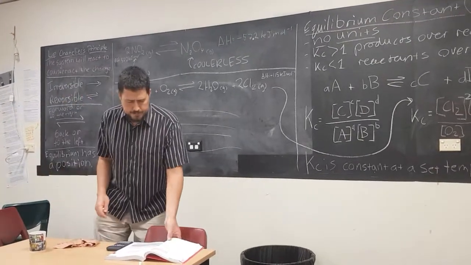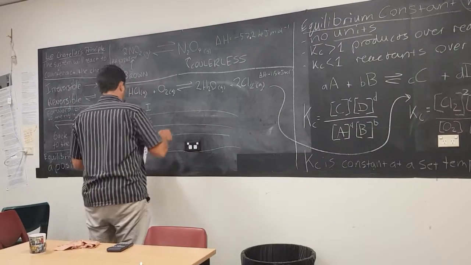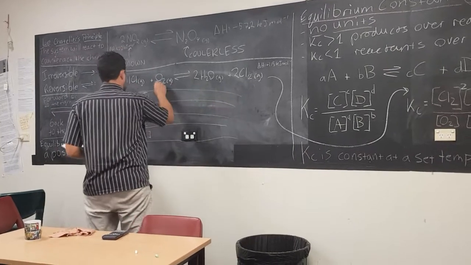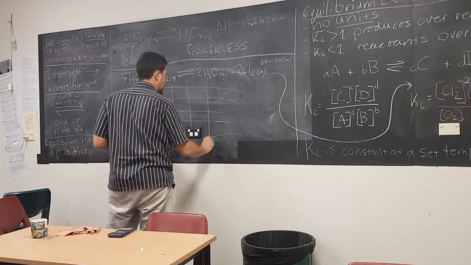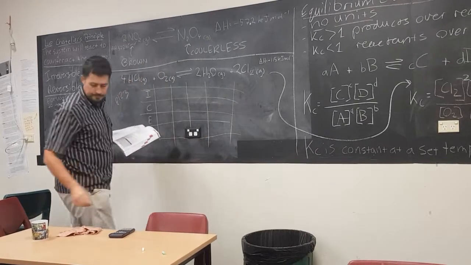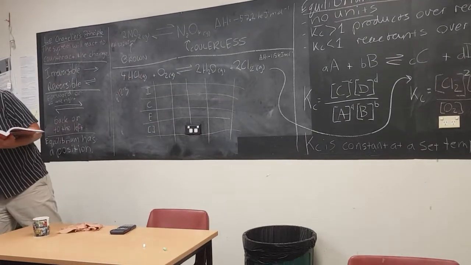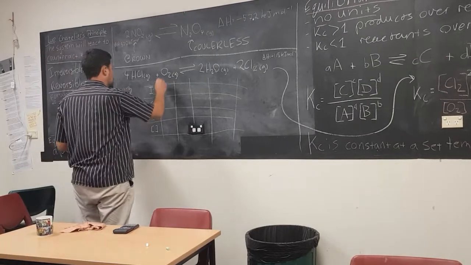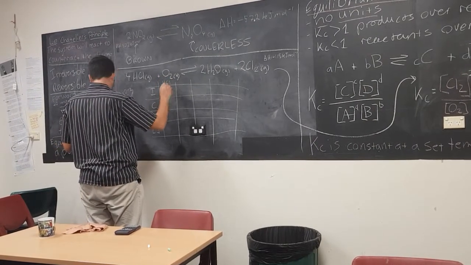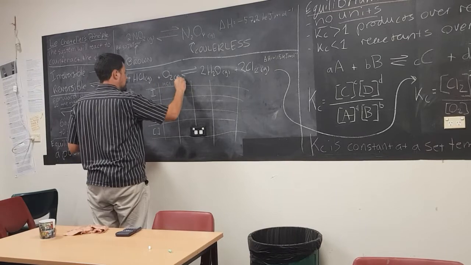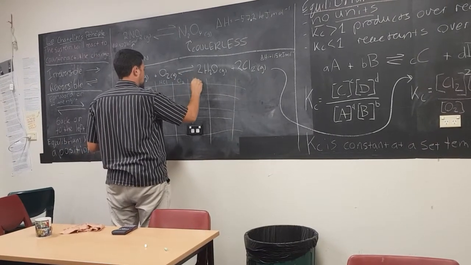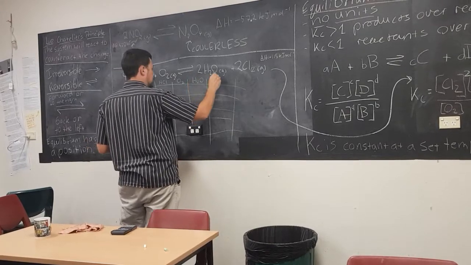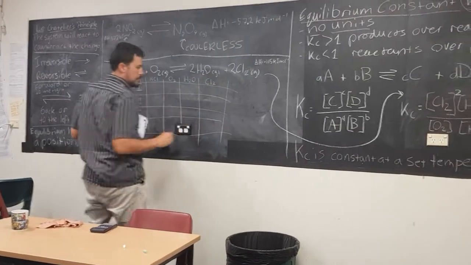That was weird. You need a row for each chemical species, and then up here you write the chemical species. So here, HCl. Here is O2. Here is H2O, and here's Cl2.